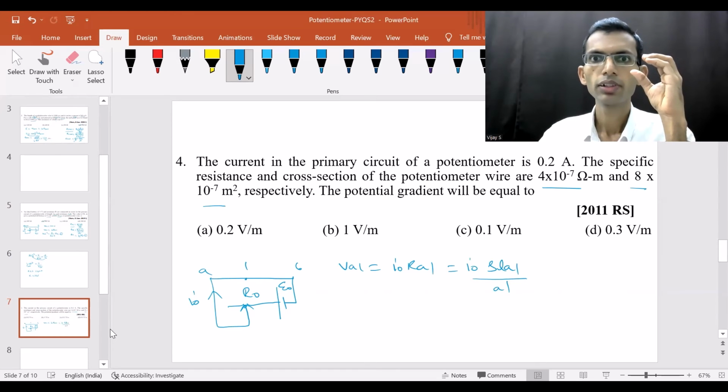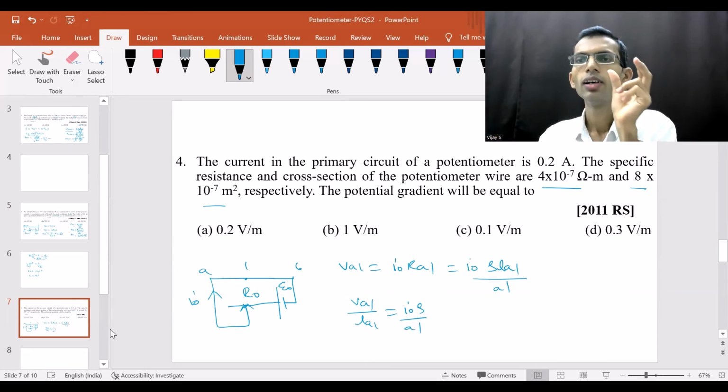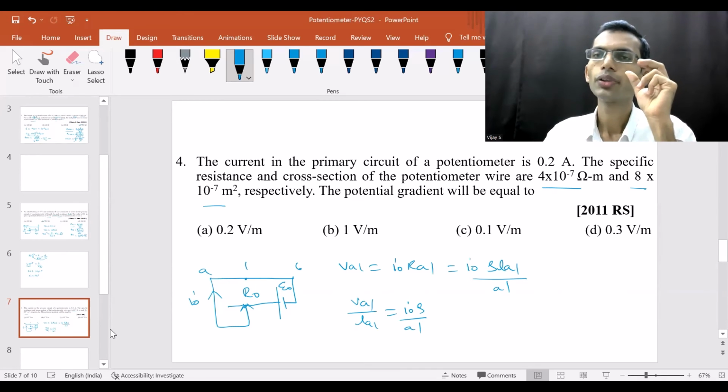When we take LA1 to that side, we get VA1 by LA1 is equal to I0 rho by A dash, right? VA1 by LA1 is the potential difference across the length of the wire per that length, LA1 being that length of the wire. This is called potential gradient.